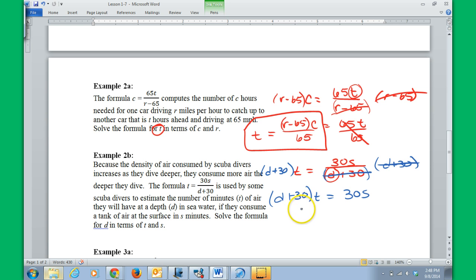I'm going to divide both sides by T. So now I have D plus 30 equals 30S over T. Subtract 30 from both sides, and then I'll have D by itself.